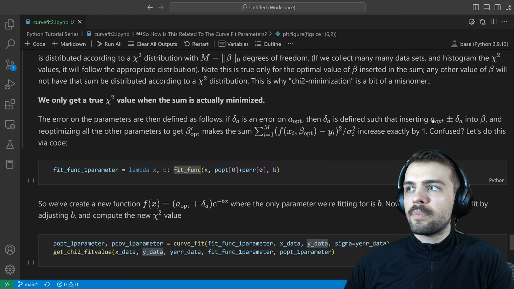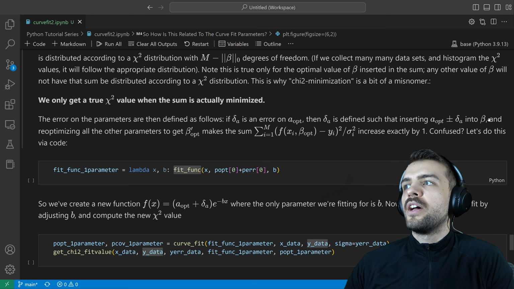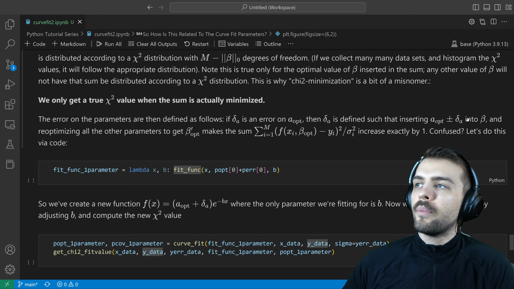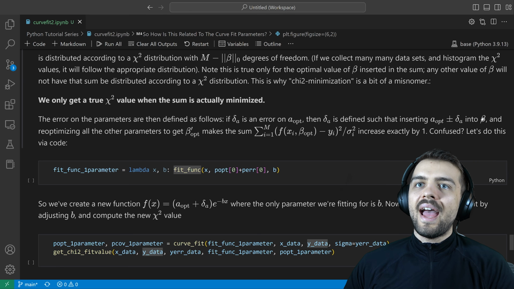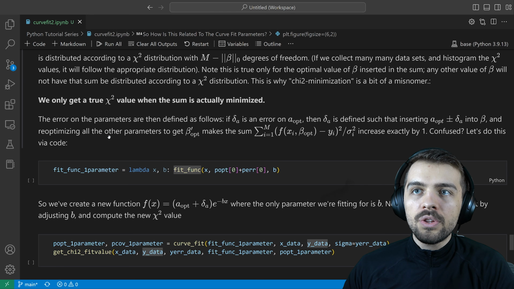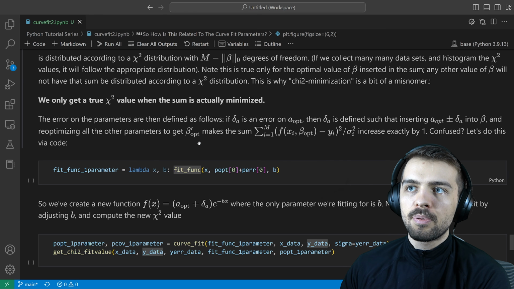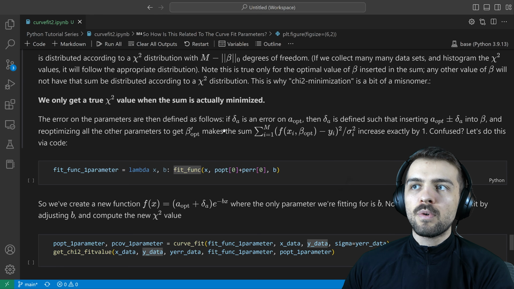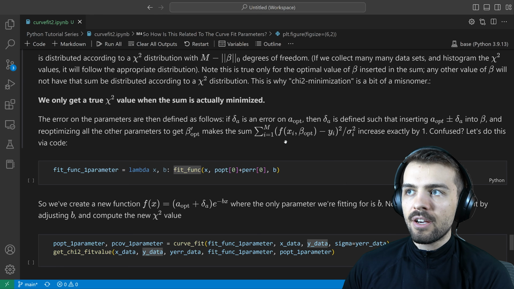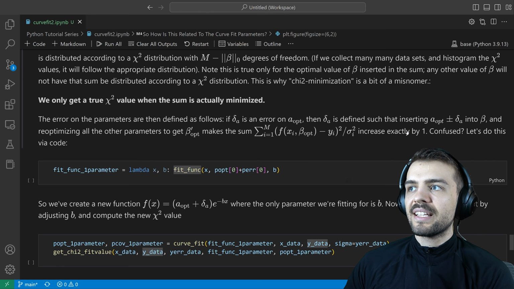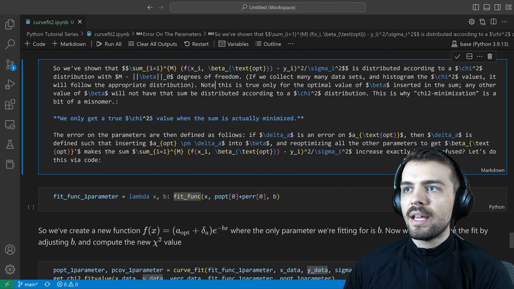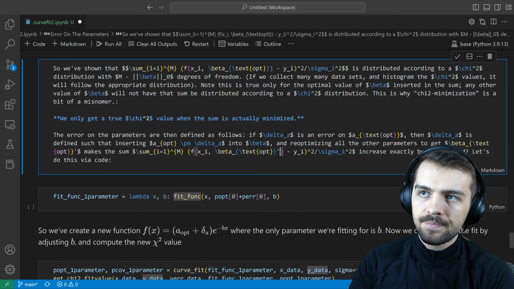So A, so 2 optimal plus the error is 0.1. So now I'm inserting A is equal to 2.1 inside beta. And then I re-optimize all the other parameters except for A to get a new set of optimal parameters. Then this will make the following sum here increase exactly by 1. And by the way, this should be a beta optimal prime.